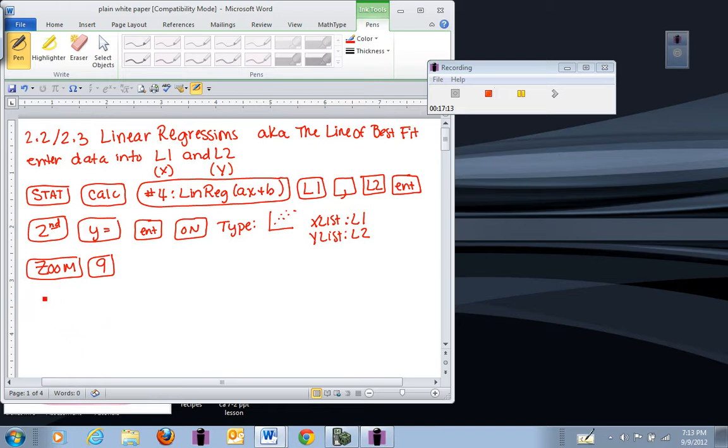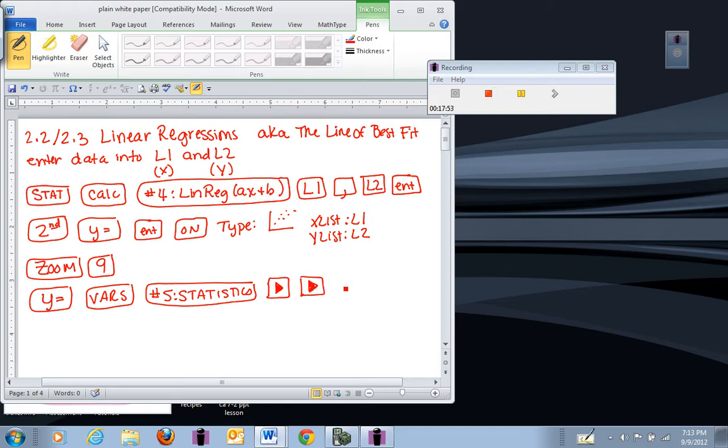Now to get the line of best fit on there, we're going to go to the Y equals button. Clean out anything that's in there, if you have anything in there. And then we're going to go to that VARS button, and then we pick number 5, statistics. And then after that, I think we had to use the right arrow twice.